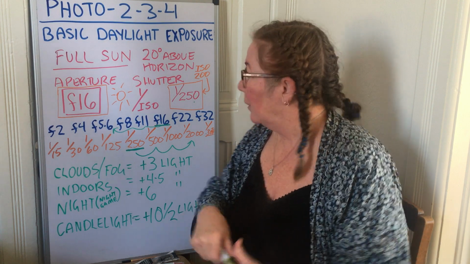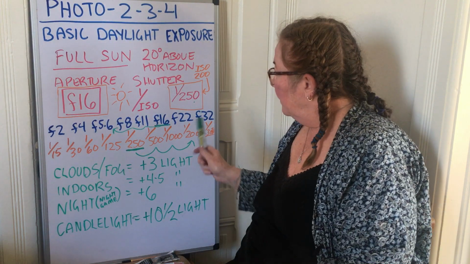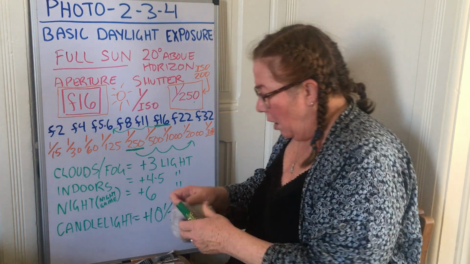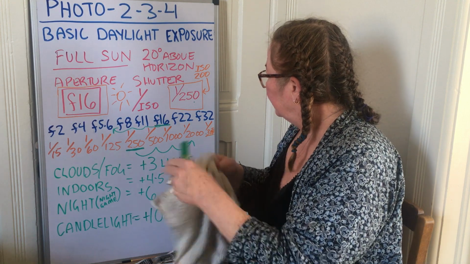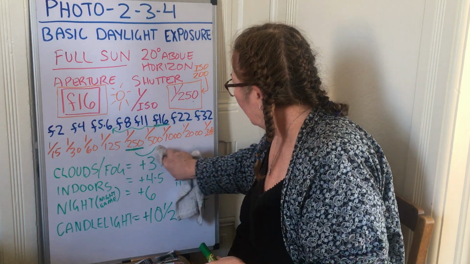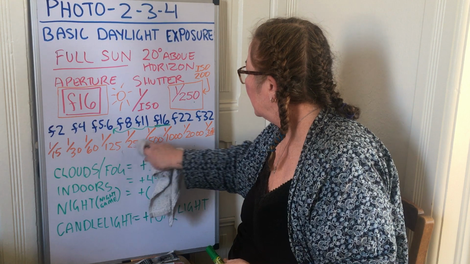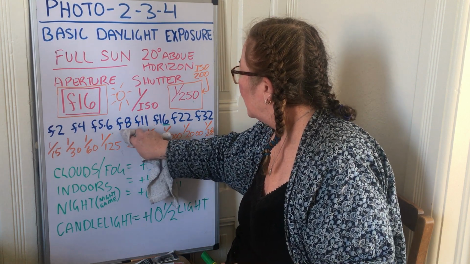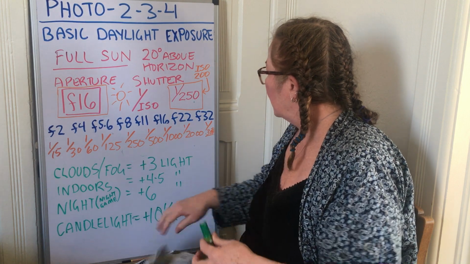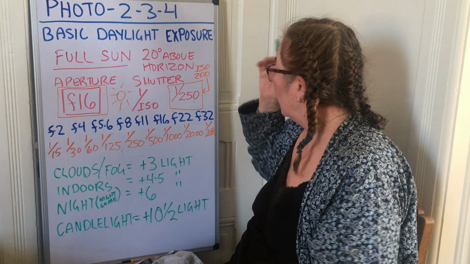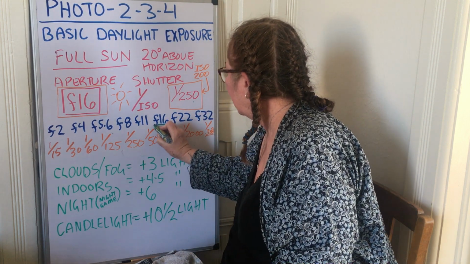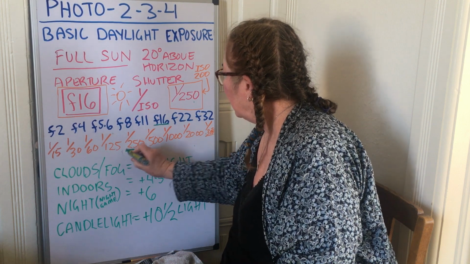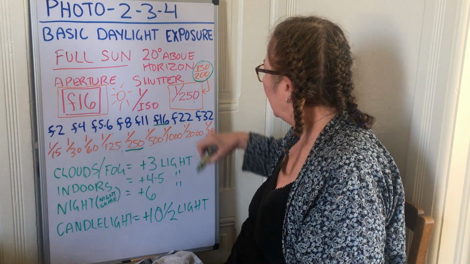so it's going to expose properly, okay? So that said, if you are adding more light, or whatever you're wanting to do, let's say you wanted to freeze motion, right? We showed you how to do that. What if you wanted to blur motion? Well, you're starting off at f16 and 1/250th, because right now we're at ISO 200.